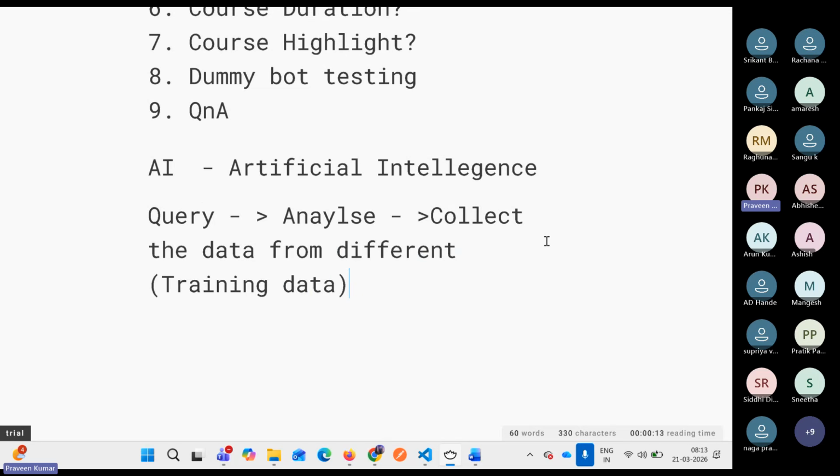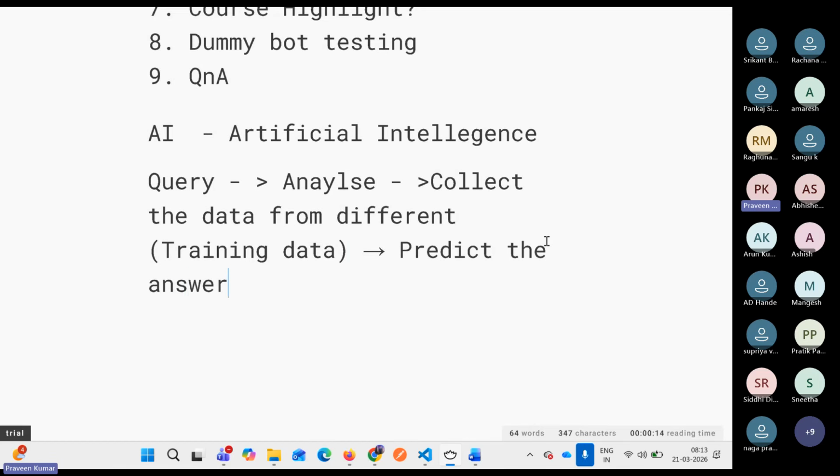However you have trained your brain, artificial intelligence has also been trained in the same way, right? So from the training data, it will collect different answers, and then it predicts the answer. Artificial intelligence does not simply give you a response; it predicts the best matching response.